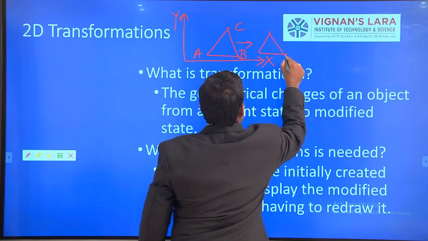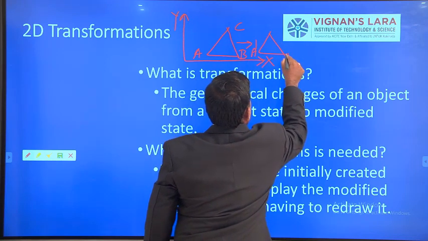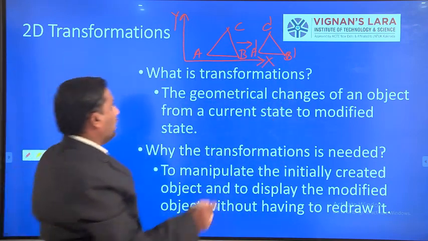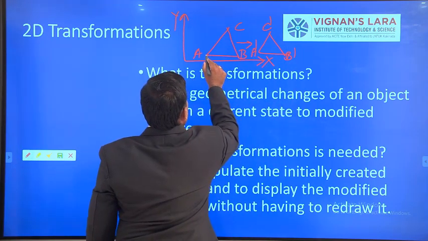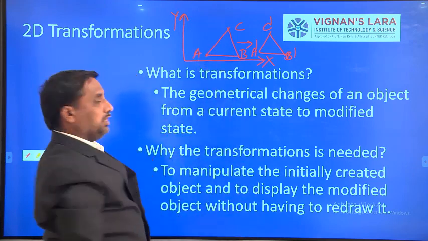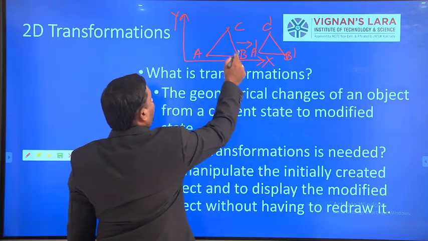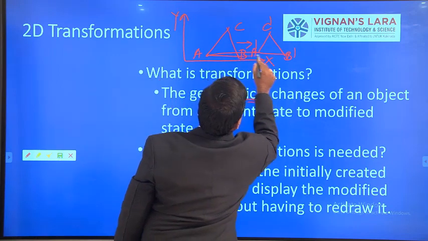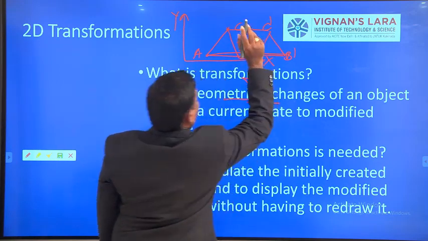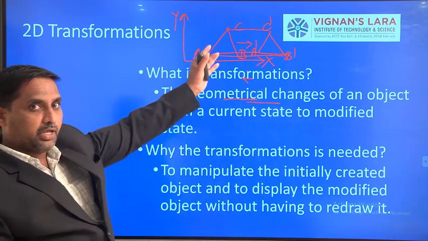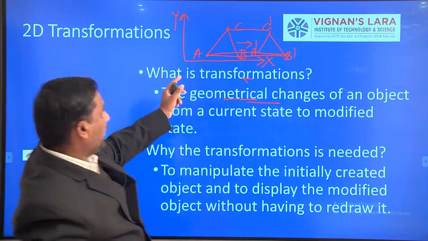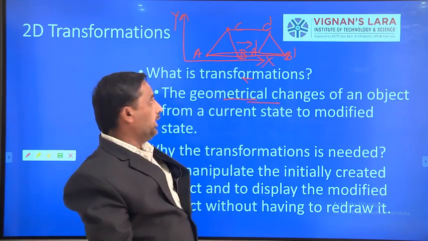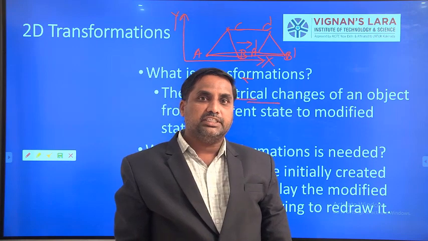Suppose you want the triangle at this location. What do we have to do? We have to translate each point. In a triangle we have three points: A, B and C. So you translate A to A dash, B to B dash, C to C dash. Then, translating along the X direction, we get the final position of the triangle, A dash, B dash and C dash.